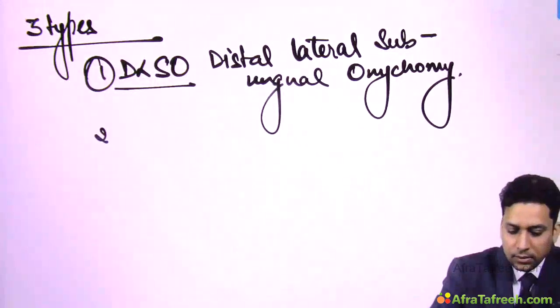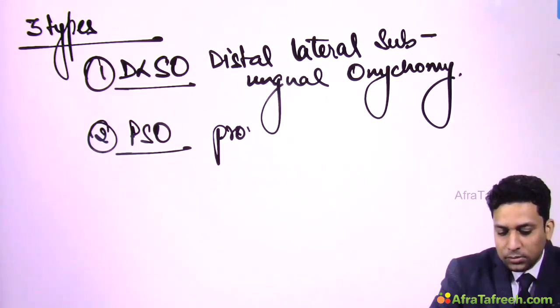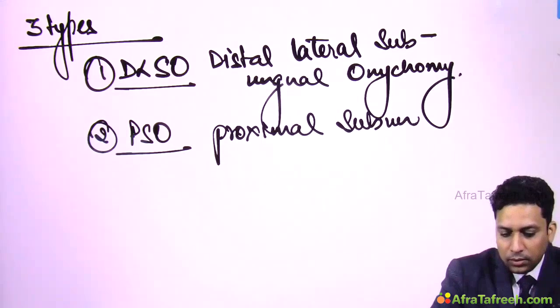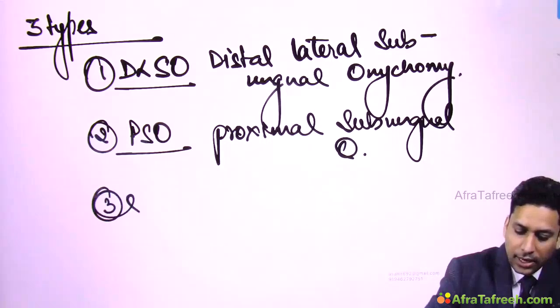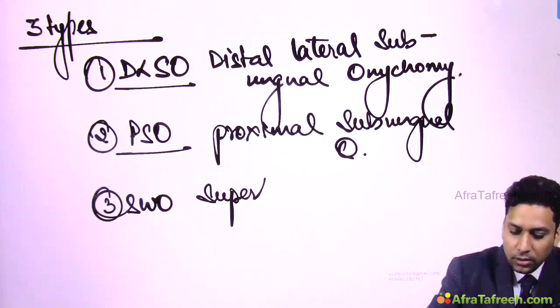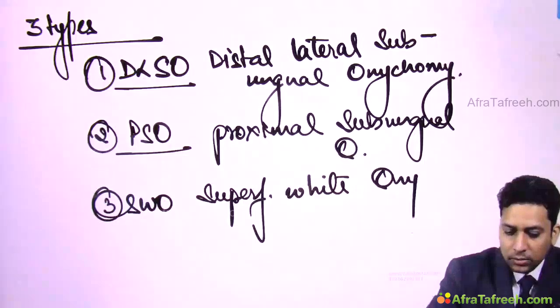Second is PSO, proximal subungual onychomycosis, and third is SWO, superficial white onychomycosis.